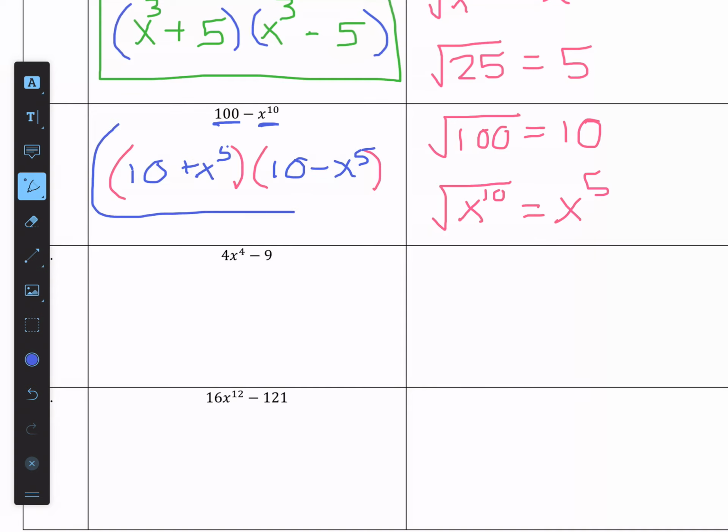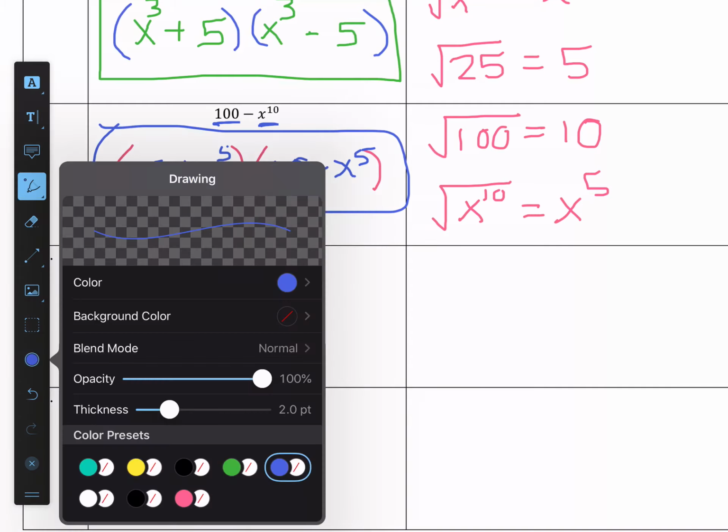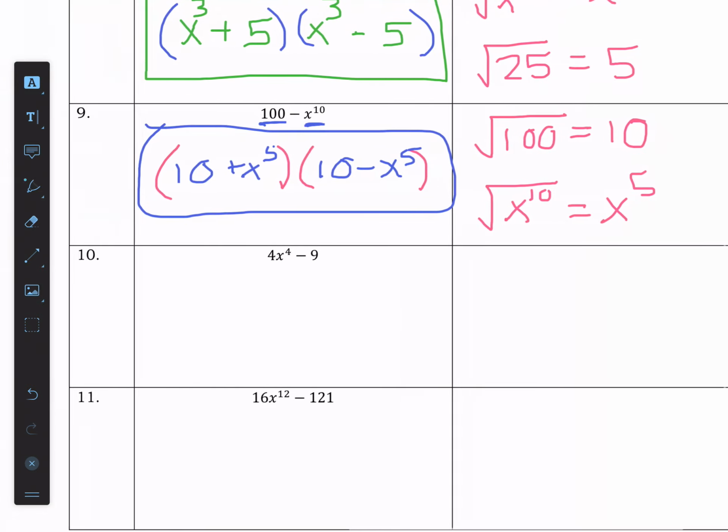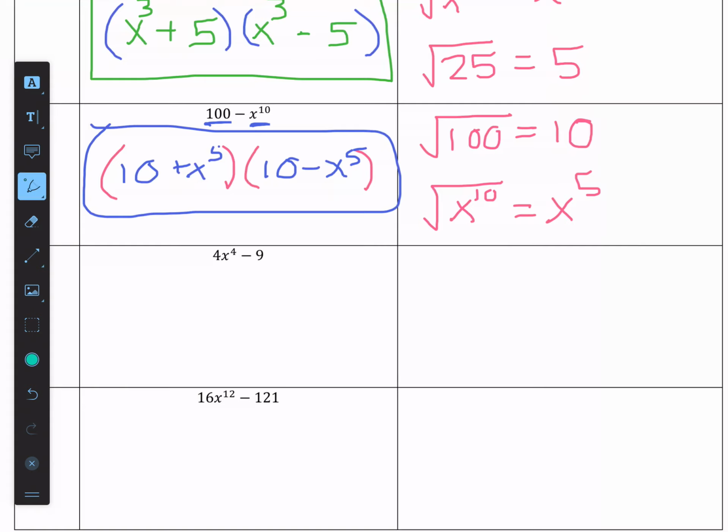The number came first, so we're going to put the 10 in the front of each bubble. And the x to the 10th came second, so we're going to put the x to the 5th in the back of each bubble. 1 plus and 1 minus. You're doing great.